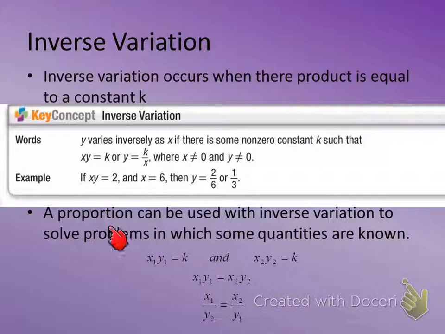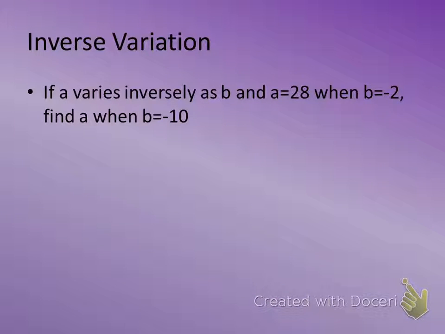So inverse is whenever they multiply together to equal k, which is pretty nice because then you can just have x1 y1 equals x2 y2 like this. And then they divide it for the y's. You really don't need to because you're going to be able to do that work anyhow. So just set it up as x1 y1 equals x2 y2 for this inverse one.